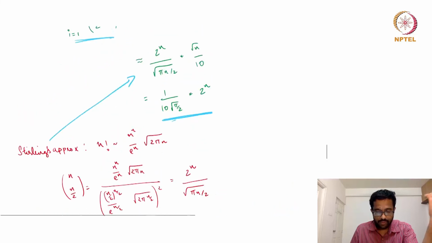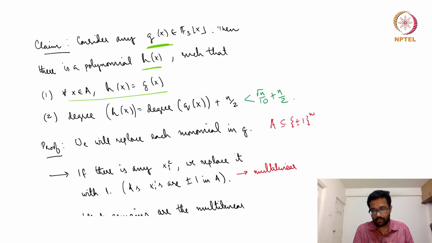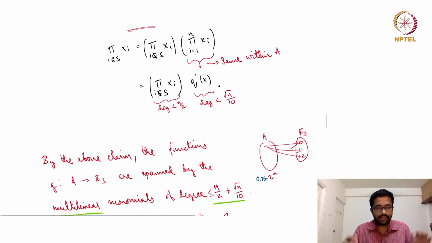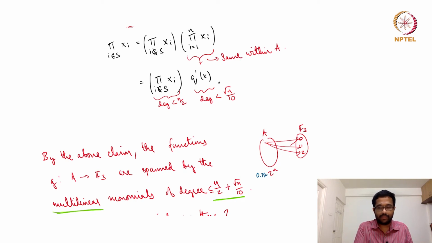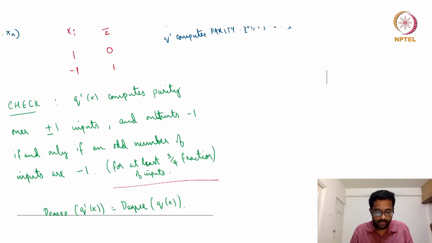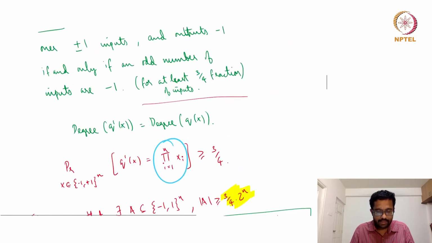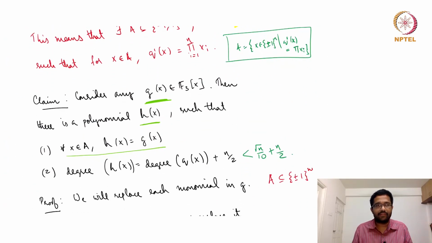Right, so that's it. We assume that parity could be approximated by a square root n degree polynomial, and that gave us a large set, of size say 3/4 times 2 power n, and all the functions from that set can be approximated by a polynomial of degree roughly n by 2.